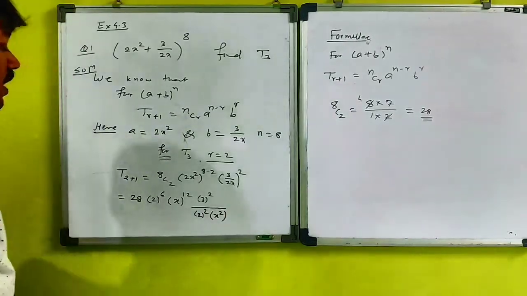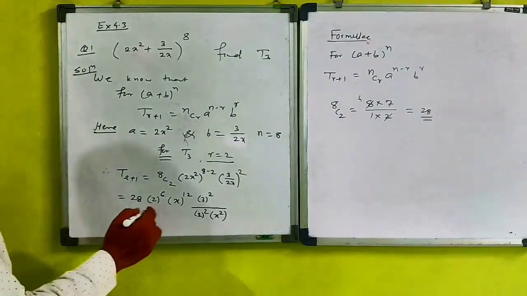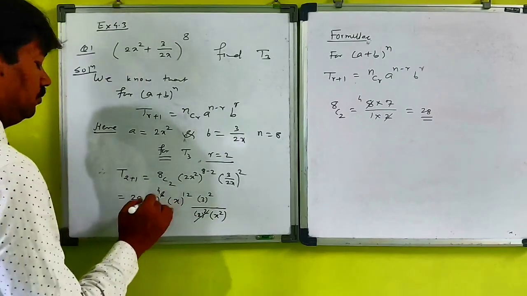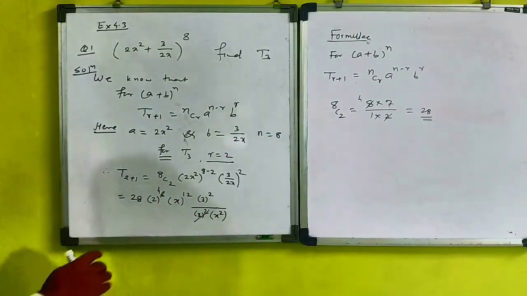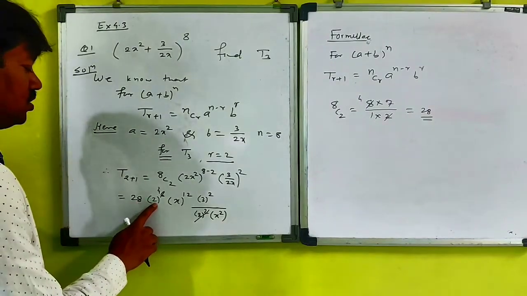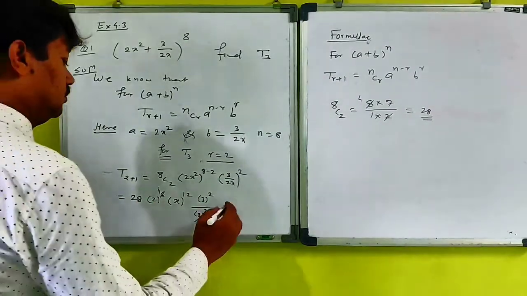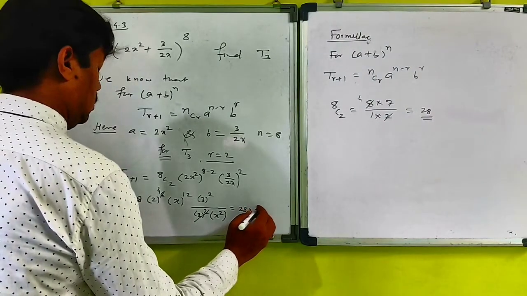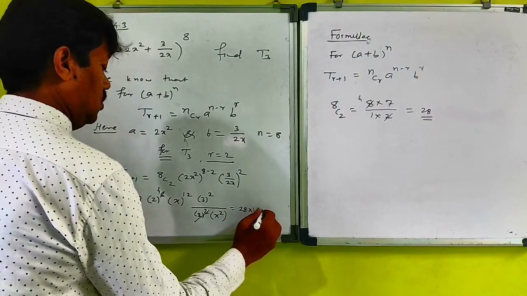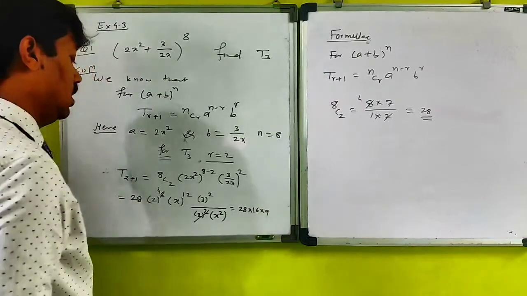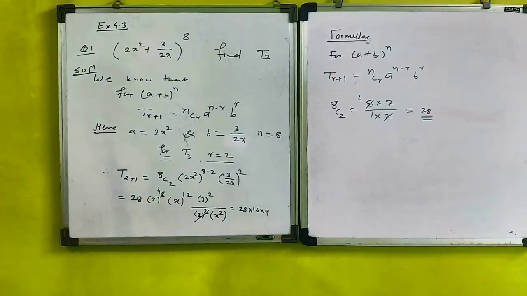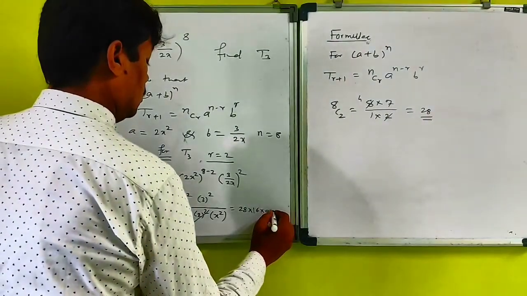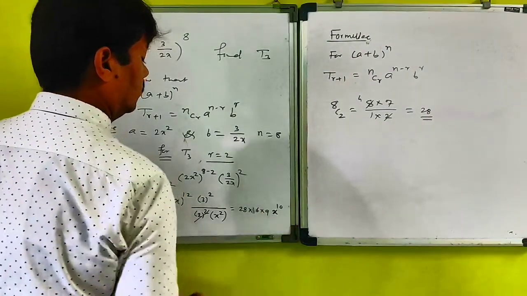So what is the final value? See here, 2 square, so that power will be cancelled. It will be 4. So it is 28 into 16 into 9, and the power here is x raised to 10.